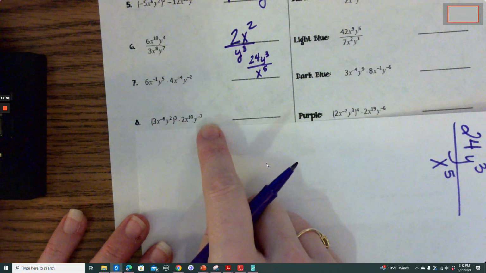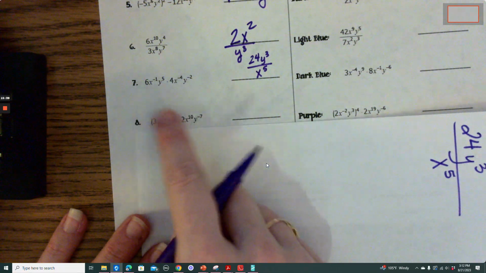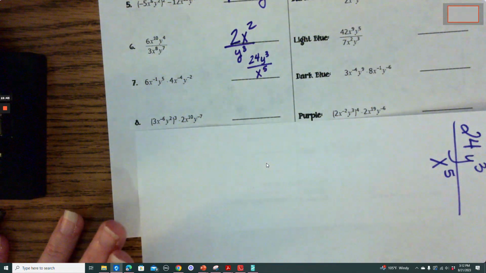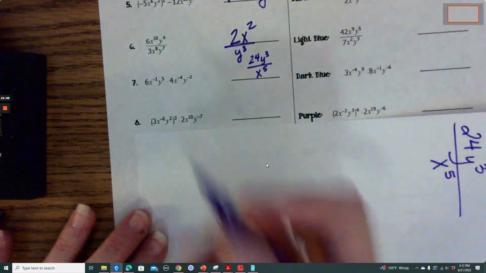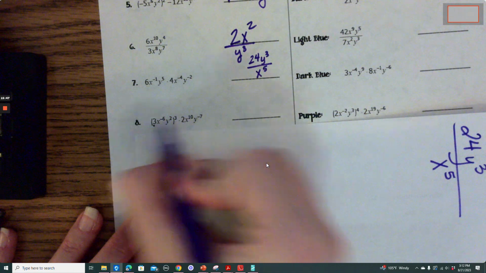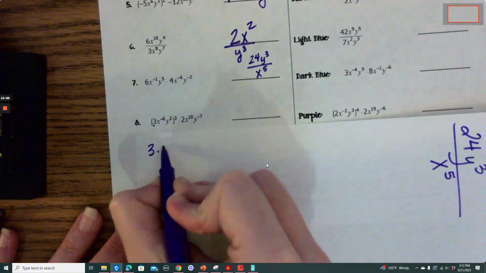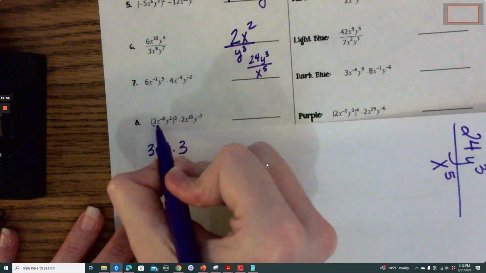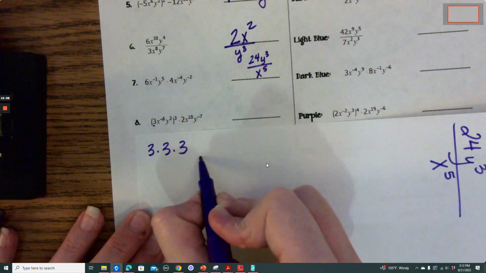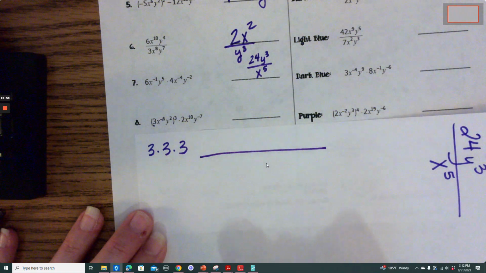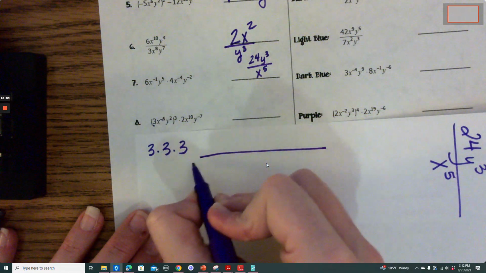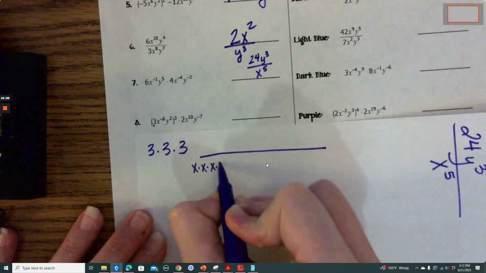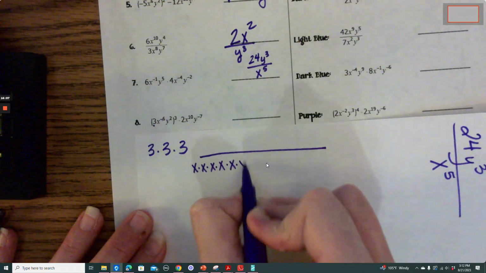They're going to start getting long and complicated. So remember, if we have something in parentheses and then it's cubed, I do it 3 times. Okay? So 3 cubed would be 3 3s. X to the negative 6 would be 6 x's on the bottom: 1, 2, 3, 4, 5, 6.